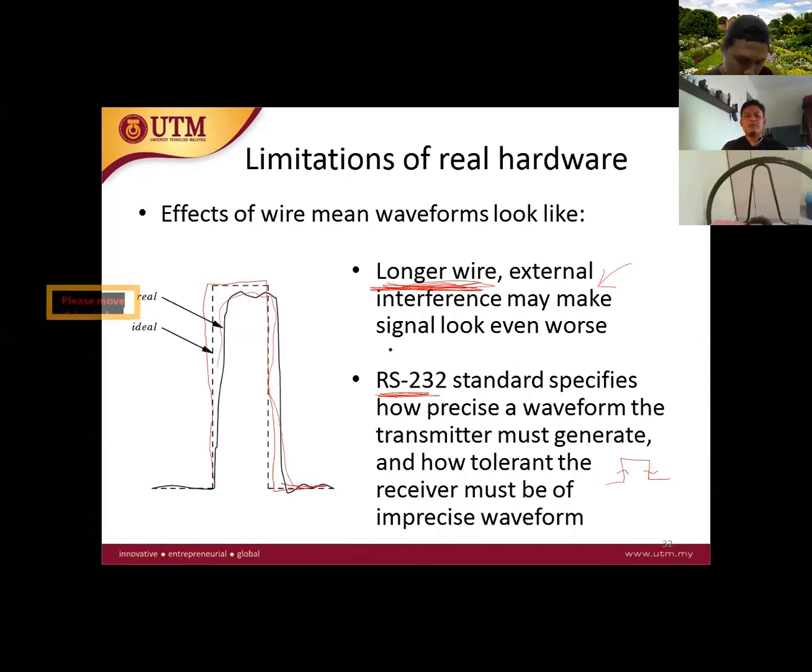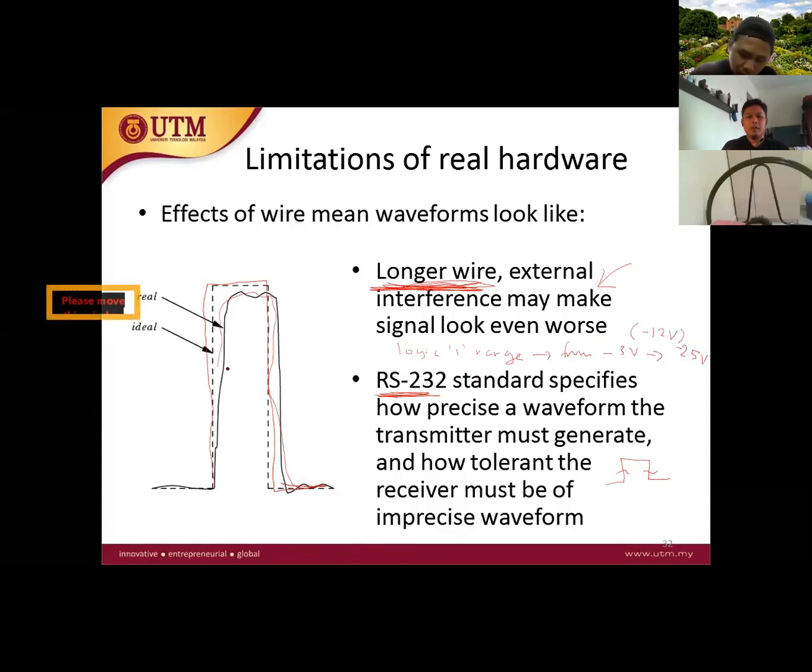In RS-232, logic 1 has a range from -3 volts to -25 volts. But we have seen the typical level is -12 volts for logic 1.